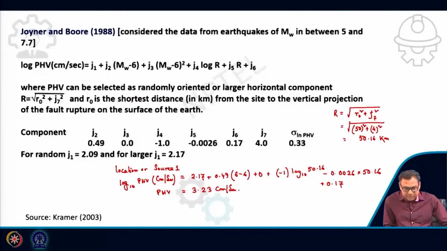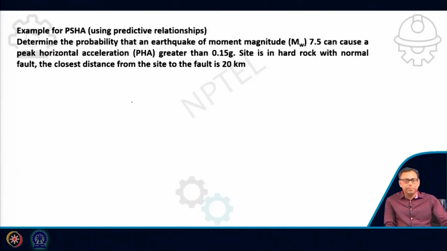Now let's discuss one particular case, an example of probabilistic seismic hazard analysis. Here it is given: determine the probability that an earthquake of moment magnitude 7.5 can cause a peak horizontal acceleration greater than 0.15 g.